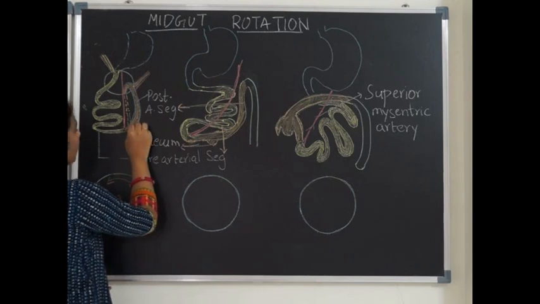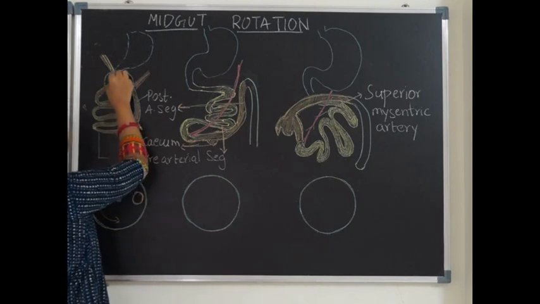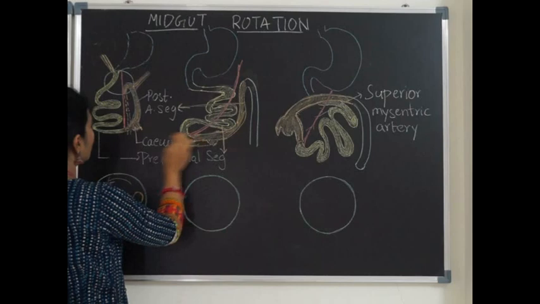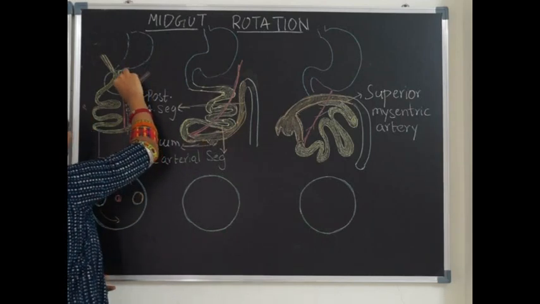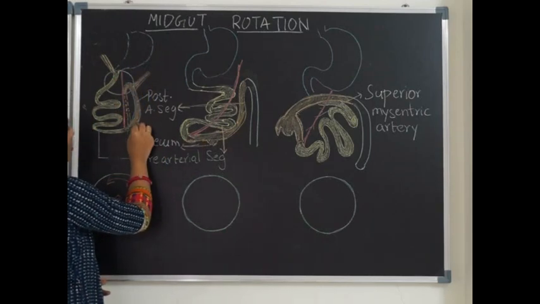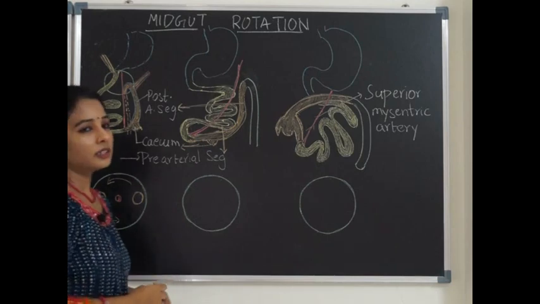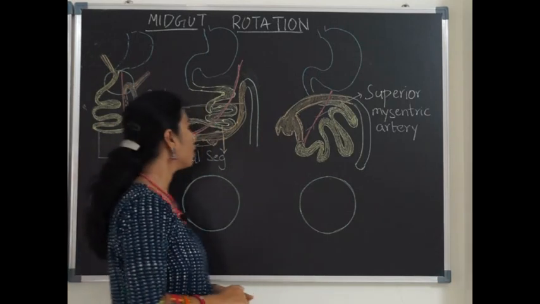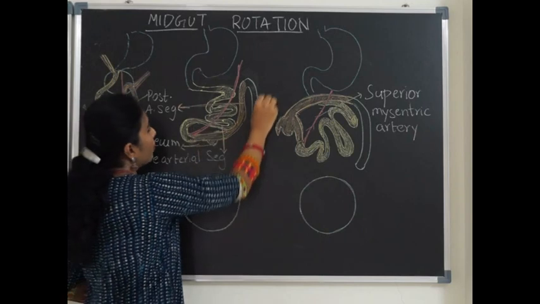So the cecum here is present. The first to involute back inside the abdomen is the pre-arterial segment. Then the post-arterial segment gets involuted, and slowly the cecum gets involuted back inside the abdomen. So now they are inside the abdomen.